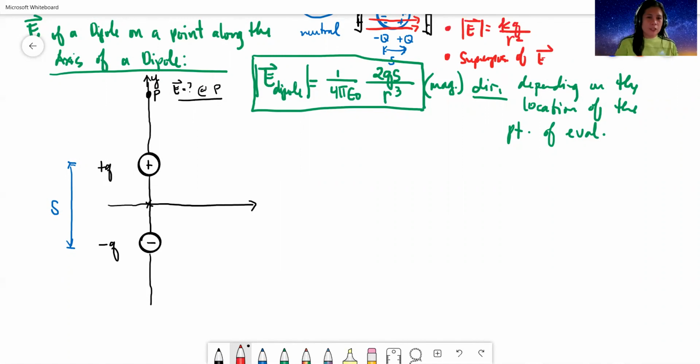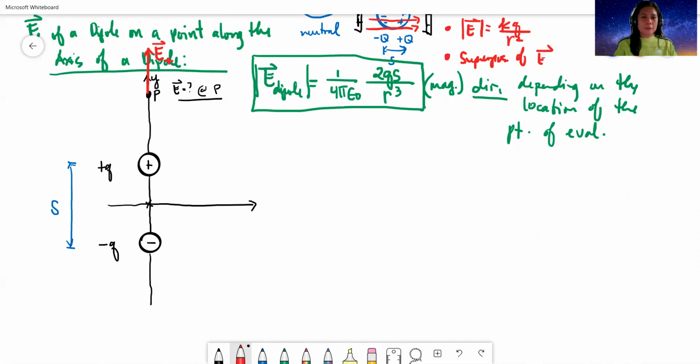Okay? Now, at point P, the electric field due to the positive charge will be away from the source. Tama ba? Okay? So we'd say that at this point here, the electric field due to positive charge is upward. So I label this as the electric field of the positive charge.